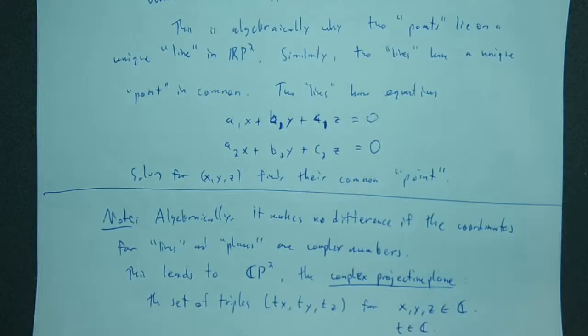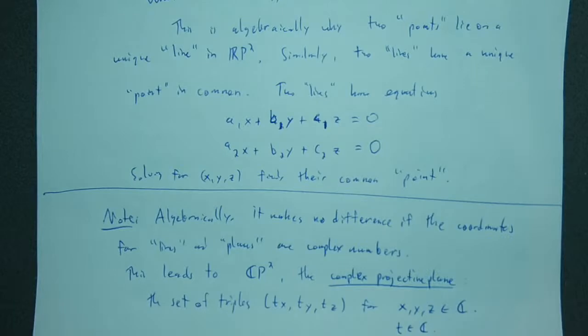All these things we said previously remain true. So it remains true that any 2 points lie on a unique line, and any 2 lines have a unique common point, just because these algebraic properties we went through are exactly the same, whether or not I'm dealing with complex numbers here.